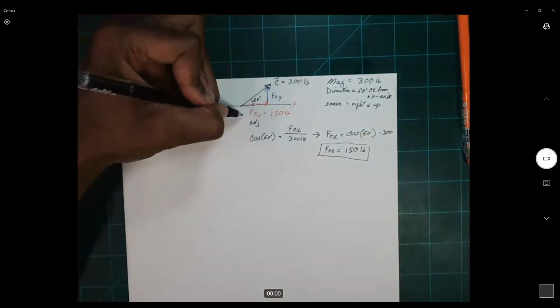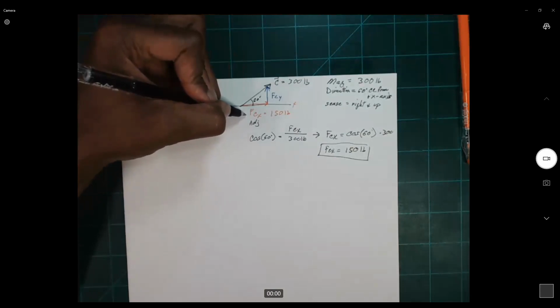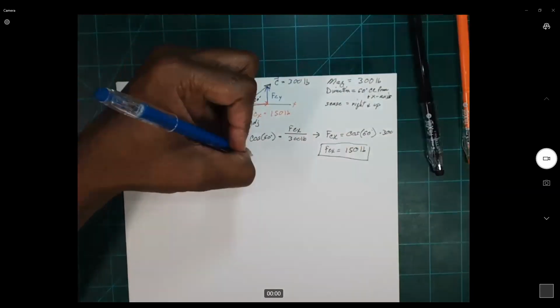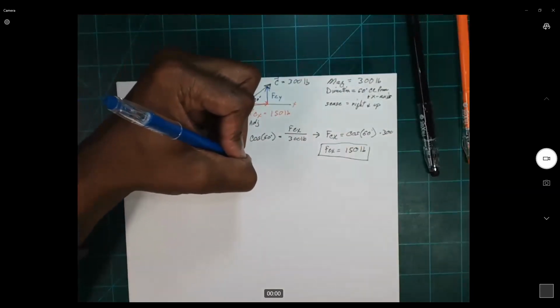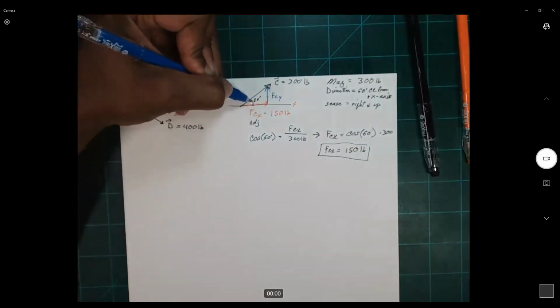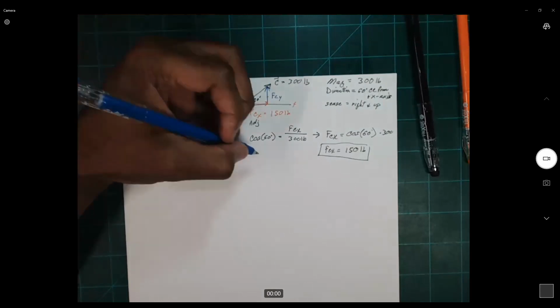Now that we solved for component FCX, let's go ahead and solve for component FCY. So we know that FCY is opposite the angle, so we're going to use sine.